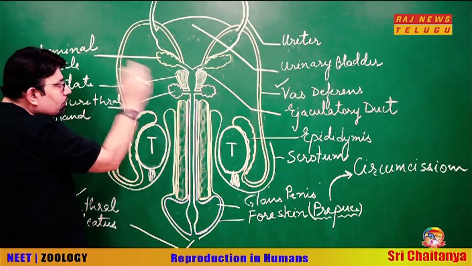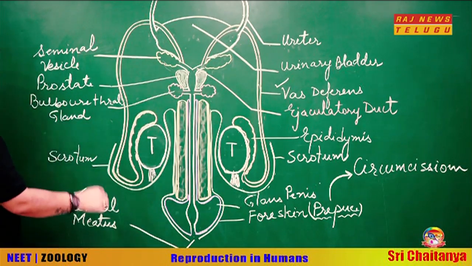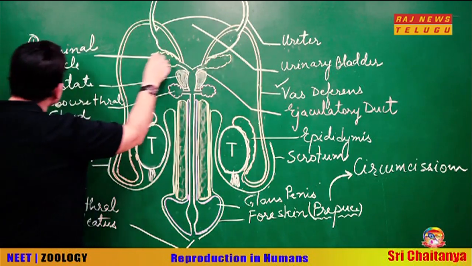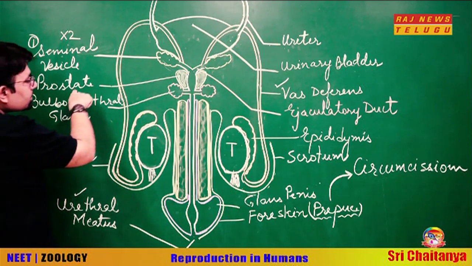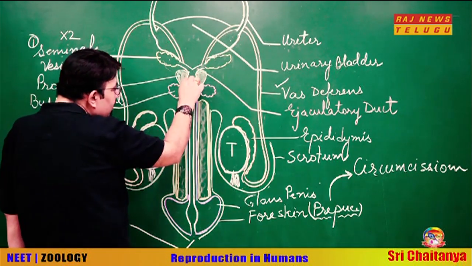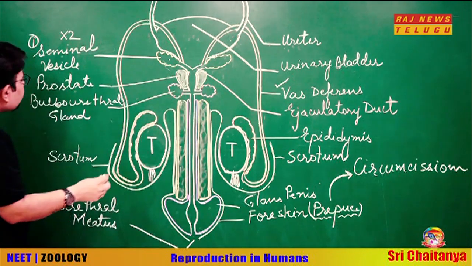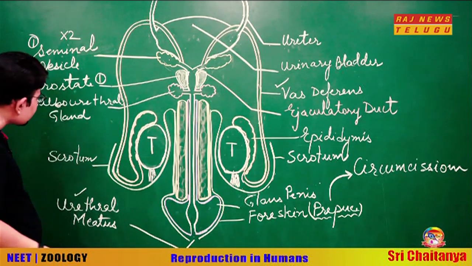Now let us talk about the very, very important accessory sex glands in man. Number 1, seminal vesicle. These are two seminal vesicles. Remember, they are in pair too. Prostate gland. This apple shaped gland, it exactly looks like an apple, and this is a single apple shaped gland called the prostate.